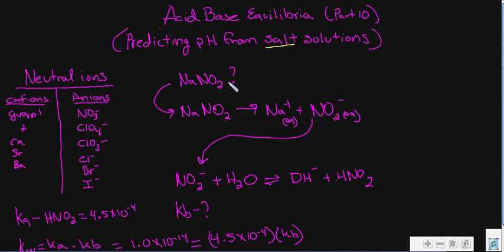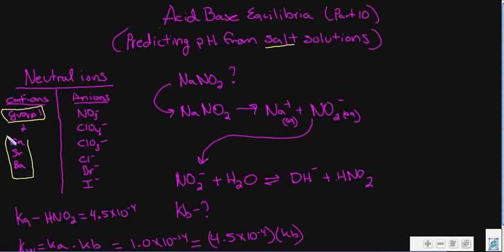Neutral ions, which are the particular ions that are grouped with our strong bases, don't cause any pH change. They don't have any effect on pH whatsoever. So if I've got my group 1 cations, lithium, sodium, potassium, rubidium, cesium, all of those, plus these three group 2s, calcium, strontium, barium, when these are in solution, they don't affect the pH at all.